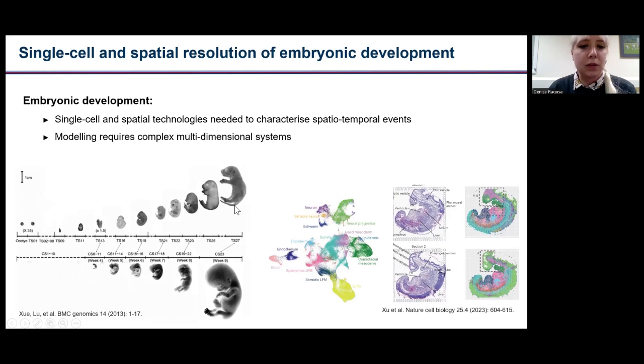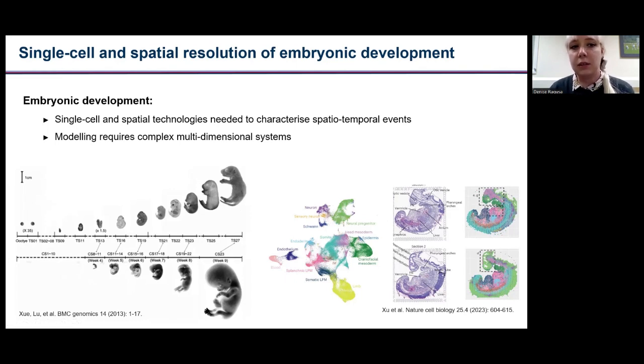Great efforts have been made to characterize these cellular populations and processes using the available technologies, but it's only with single-cell resolution that we've been able to really characterize what these cell populations are, how they develop and how they differentiate.